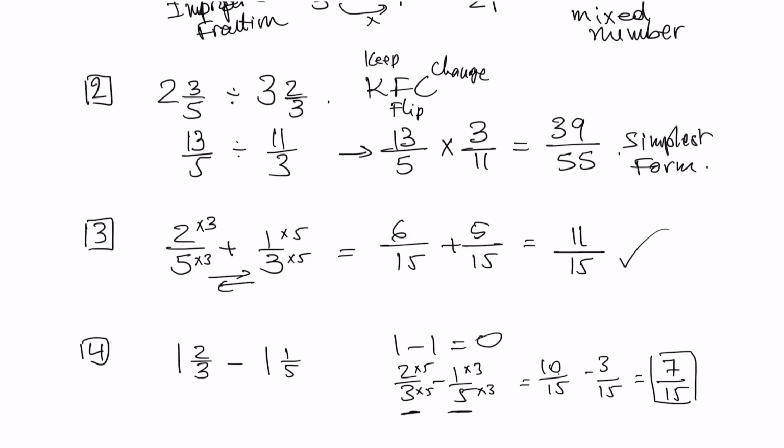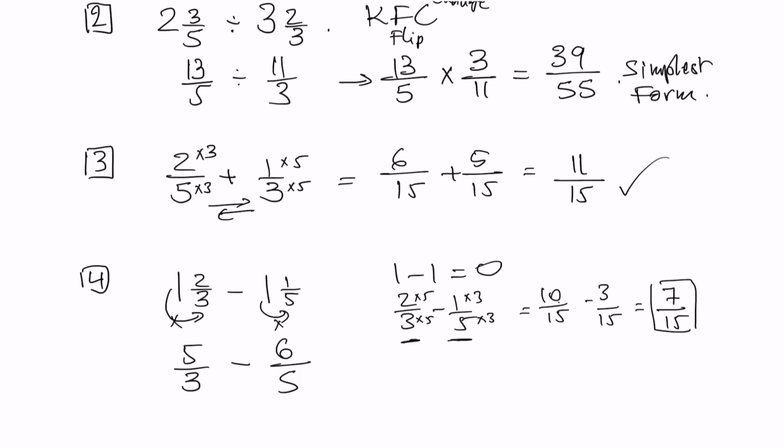So I'll repeat again and show you the way how to do it. You do 1 times 3 is 3. 3 plus 2 is 5. 5 over 3 minus 1 times 5 is 5. And 5 plus 1 is 6 over 5. Now we have to get the same denominator, so you multiply the first denominator by 5 and the second one by 3. So this will give you 15.